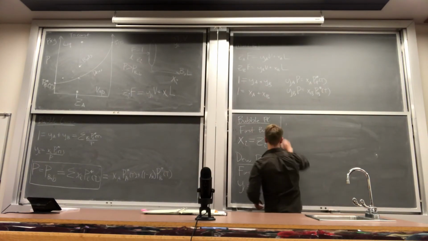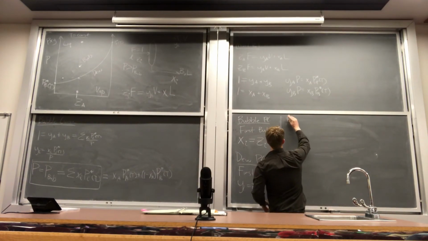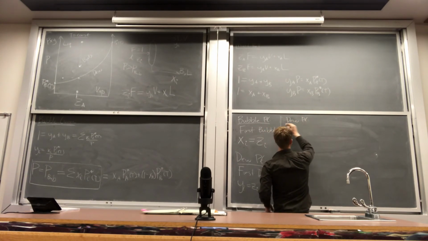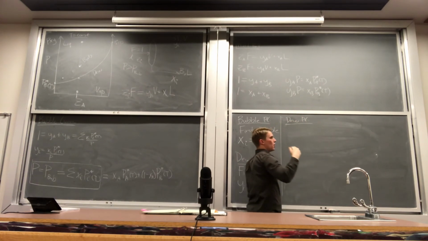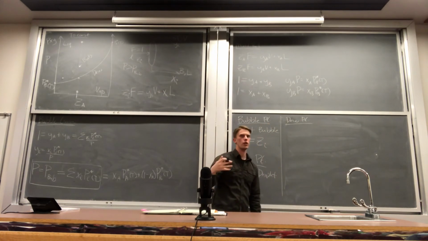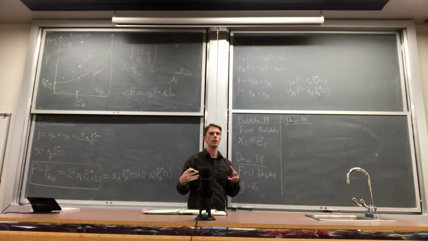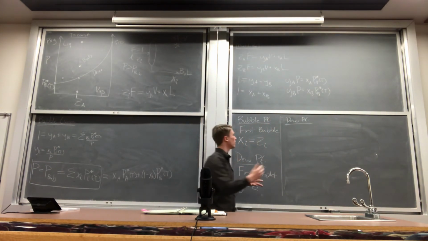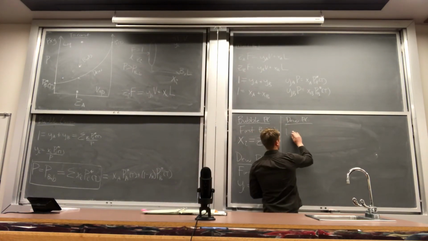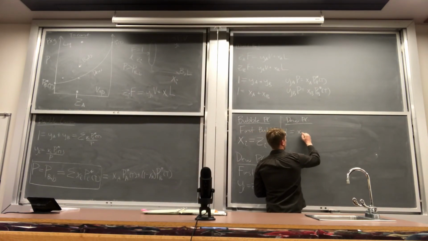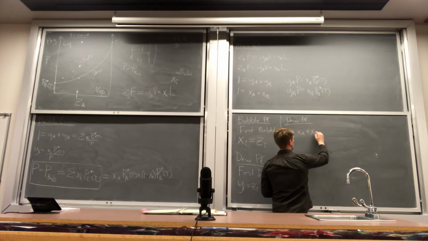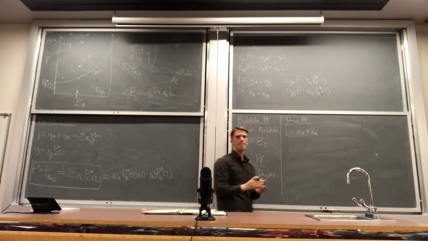So in the dew point, we have all vapor and we're trying to figure out what is going on with the liquid. So let's start off with the hardest part. 1 equals x of A plus x of B.